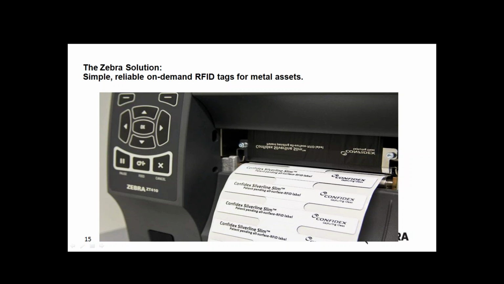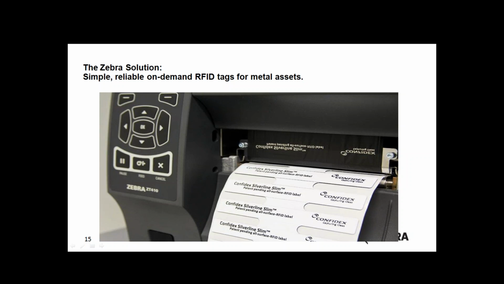Another interesting thing about the Zebra printers is that each one of these printers checks to ensure that the tags were written properly. There is a technology built into these printers, so as the tags are coming out, there is a reader which ensures that the tag is written appropriately as well.